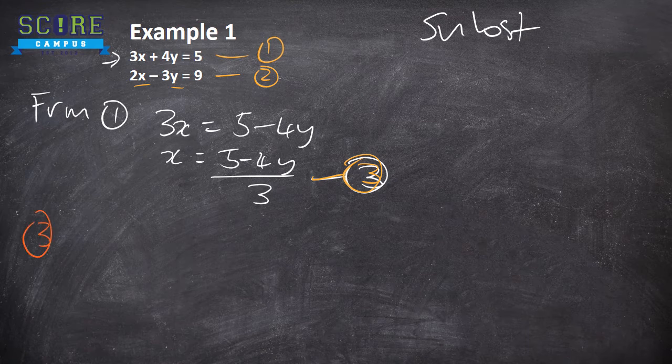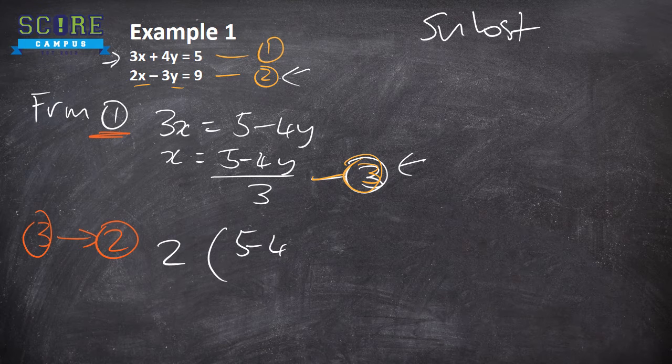I take 3, I sub into, because this one I took from 1, right? So I need to sub equation 3 into equation 2. Okay, so that means this equation 3 over here, I sub it into here. So 2 times 5 minus 4y over 3, correct?